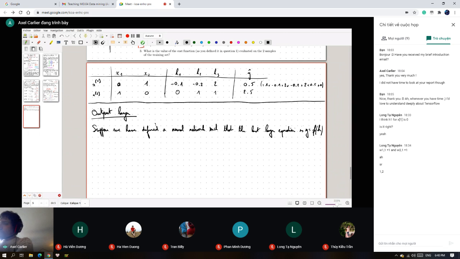So h is the hidden layer, the last hidden layer. And basically we have y, the output, that depends on h with a certain function f. So now, how do we choose f to perform classification?